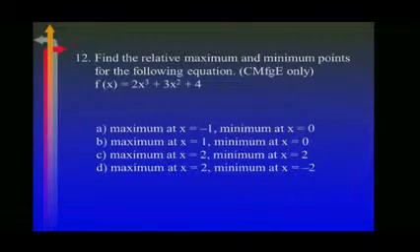If negative, that's a maximum. But to my luck, the third derivative is 0. I go and find the fourth derivative. I hope this time it's a number. If it's positive, it's minimum. If it's negative, it's maximum.